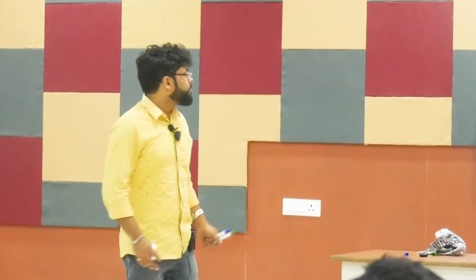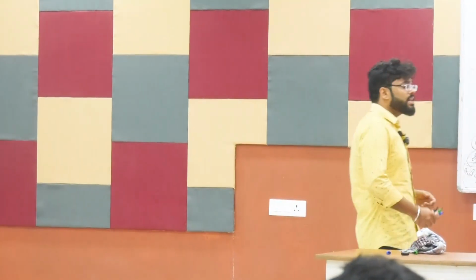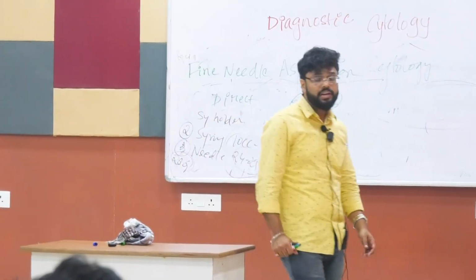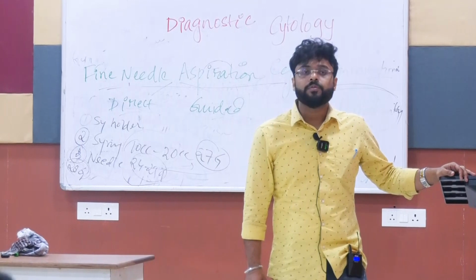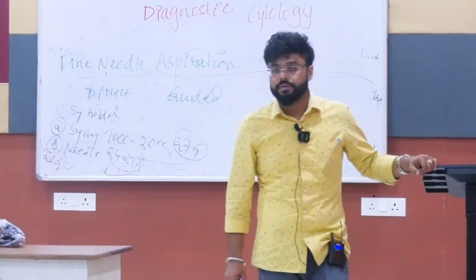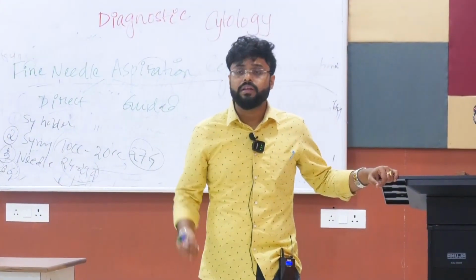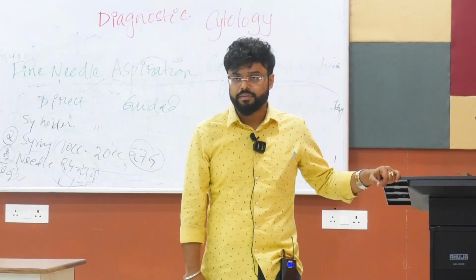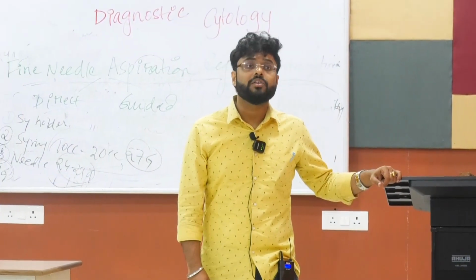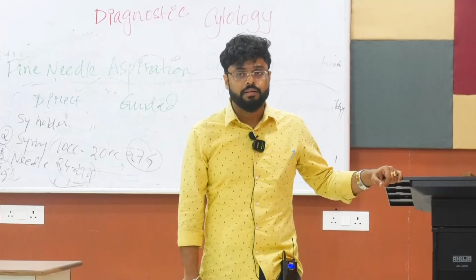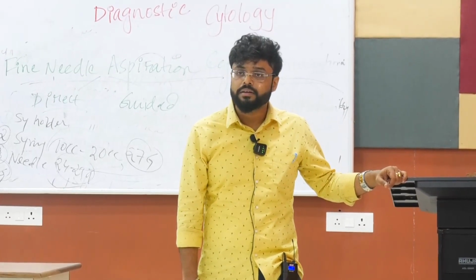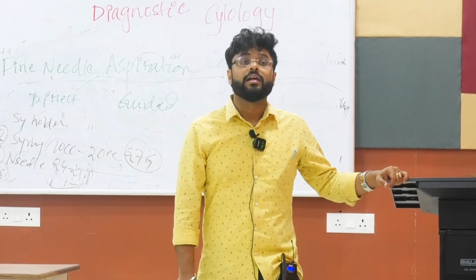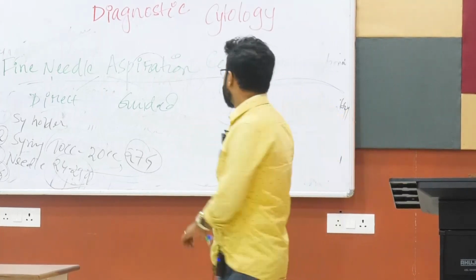But in majority of instances, the lesion is deep seated. Suppose there is any lung carcinoma or pancreatic carcinoma, liver carcinoma, kidney carcinoma or any deep seated sarcoma, how can you aspirate the sample from a deep seated lesion? Directly you cannot.